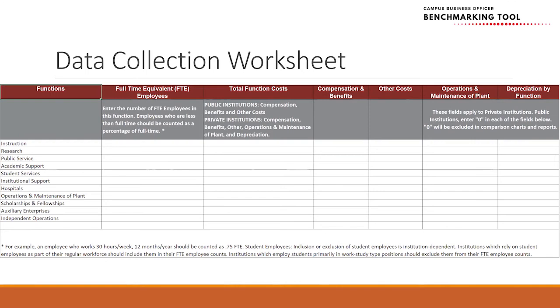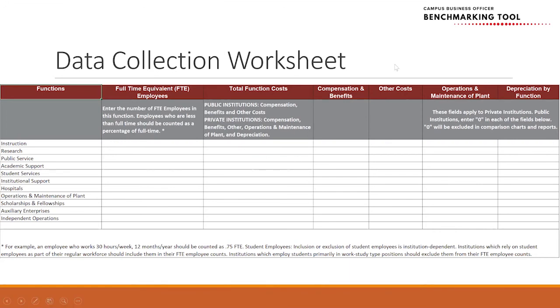Those fields are important because obviously there are both public and private institutions that are part of the benchmarking database, and we have different accounting standards that we follow. So there are some differences in the way we report expenses. There are some fields that private institutions use that publics don't, and vice versa.